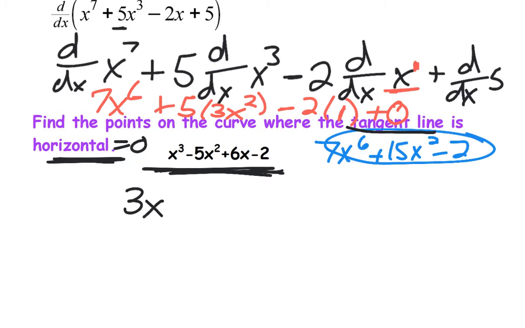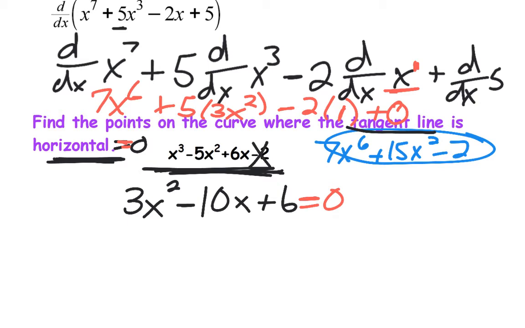It's going to be 3x squared minus 10x plus 6, and we don't care about that constant term. Next, I'm going to factor this, because I need to know where the tangent line is going to equal 0. I want to know when this is equal to 0, because I want to know when the slope is equal to 0.